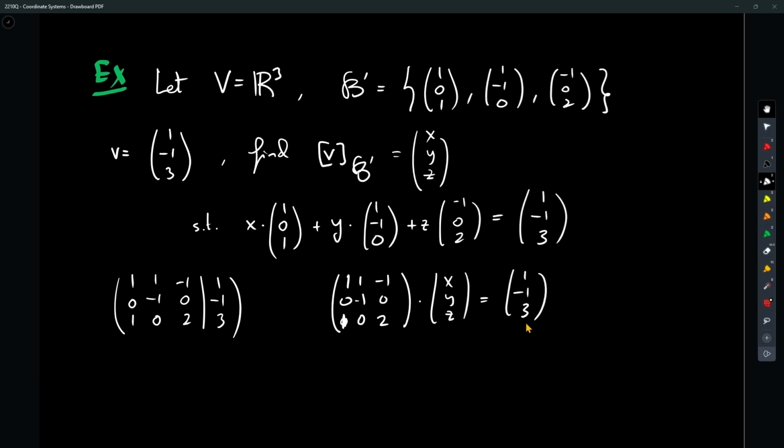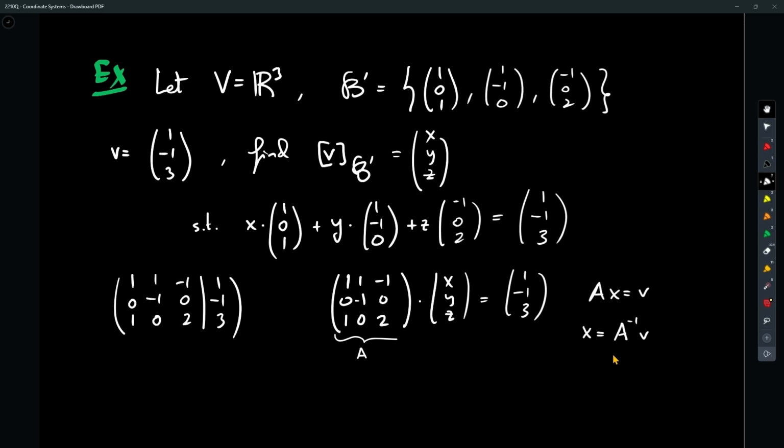Notice that I can clean this up: let's call this matrix A, then the system is AX equals V, and if I am able to compute inverse matrices, this tells me that X is A inverse V. So can I find what this inverse is?